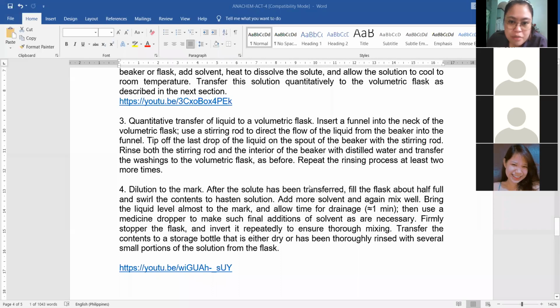So pag sinabing dilution, you will add your solvent, i-dilute mo ang iyong solution inside the volumetric flask, and then dahan-dahan until you reach the graduation mark so that you will get the exact volume. Yung ginamit niya na volumetric flask is a 250 ml.